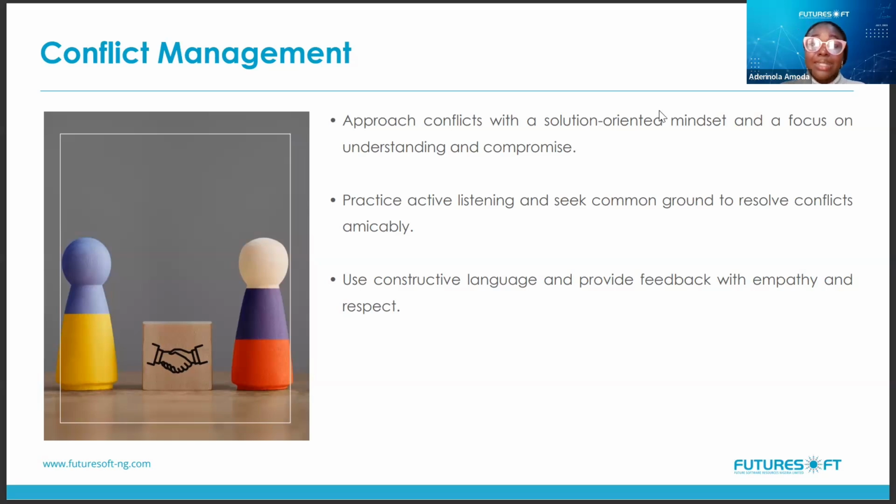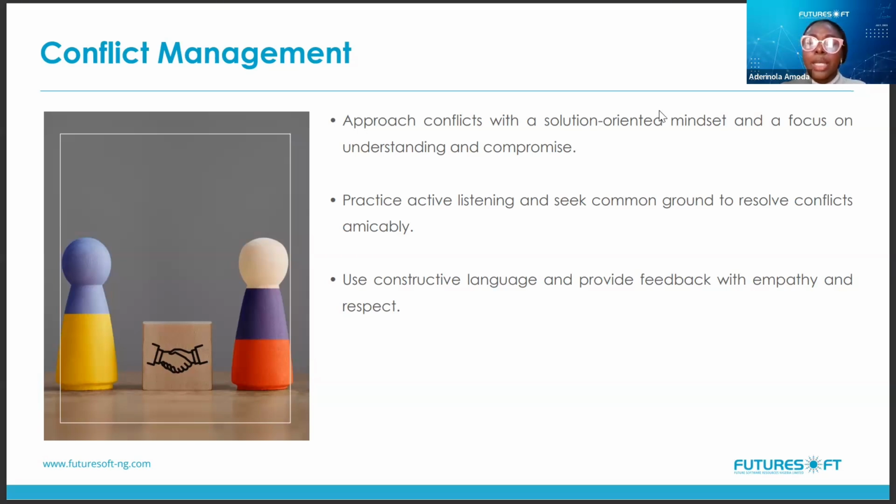So here, practicing active listening and seeking common ground to resolve conflicts amicably is key. Ensuring a fair hearing for both parties, paying close attention with the use of communication feedback, just to portray that you're paying attention, is key here.